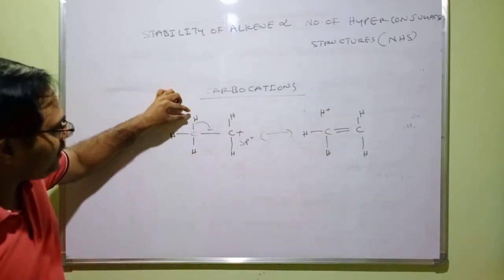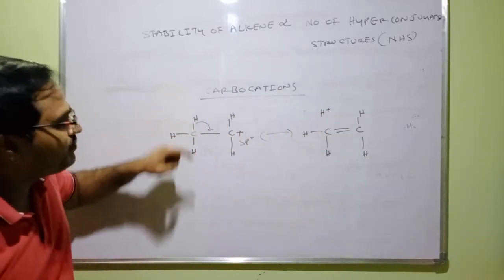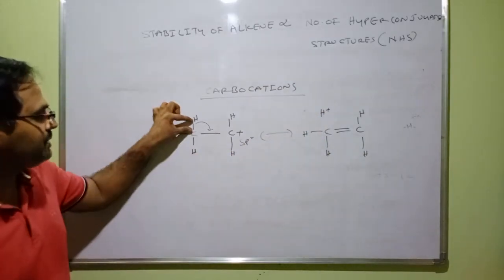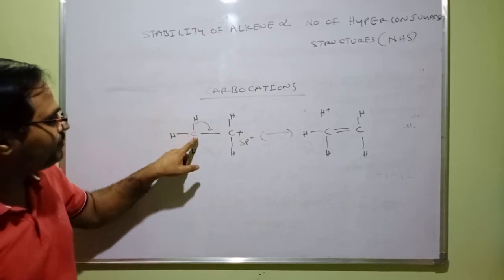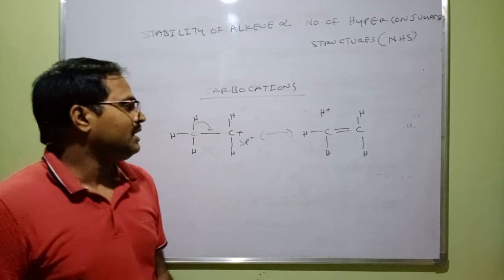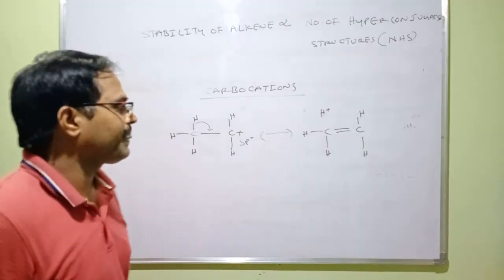Since this hydrogen is losing this bond, the hydrogen will take a positive charge like this, and this sigma bond becomes a pi bond between these two carbons in this structure. And this is the symbol for hyperconjugation.